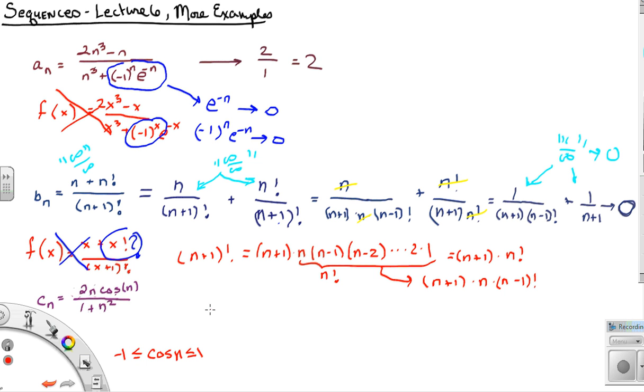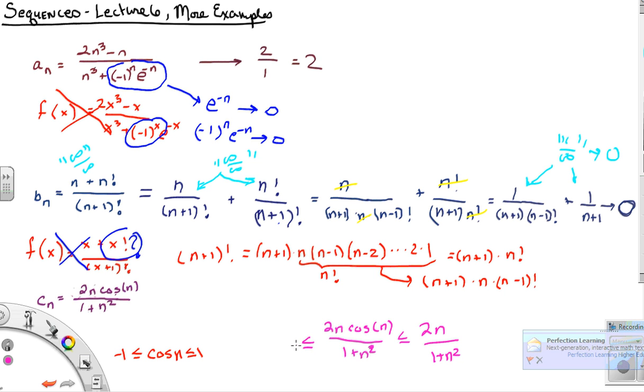That means c_n, this expression right here, 2n cosine of n over 1 plus n squared, is always less than or equal to 2n over 1 plus n squared and bigger than or equal to -2n over 1 plus n squared.